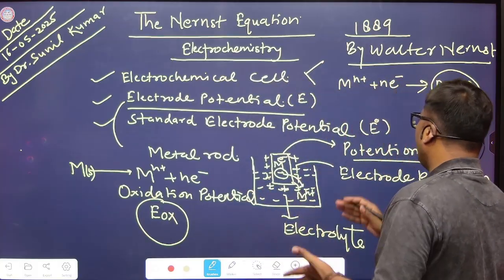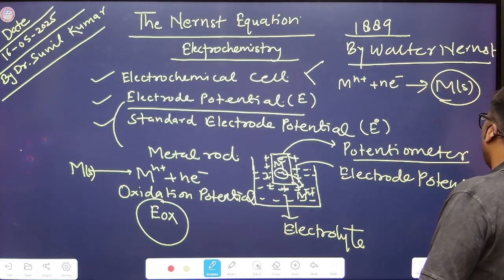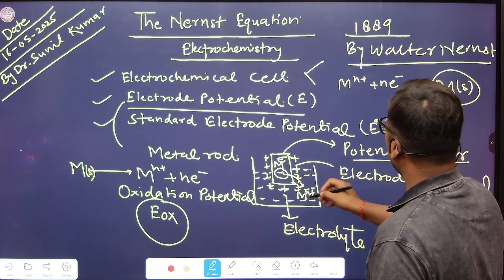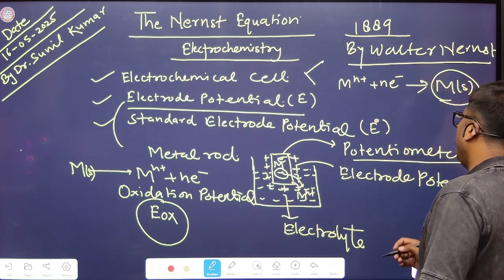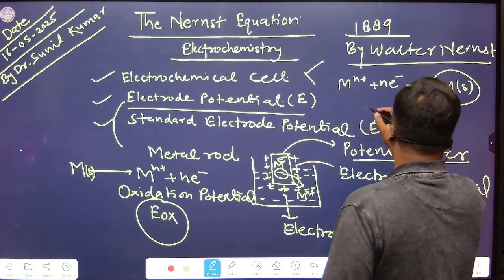So this is the reduction reaction. The potential generated at this metal-electrolyte interface will be the reduction potential, right?